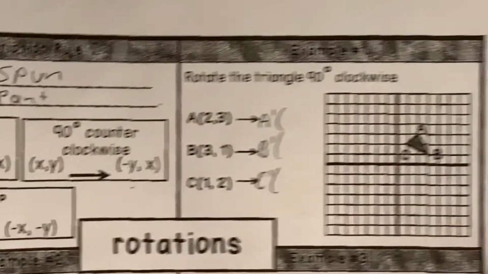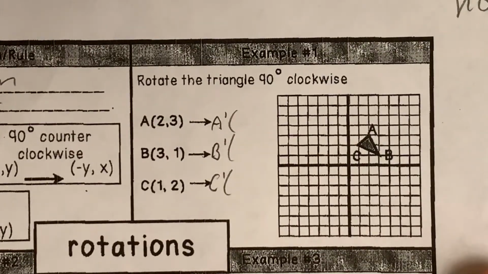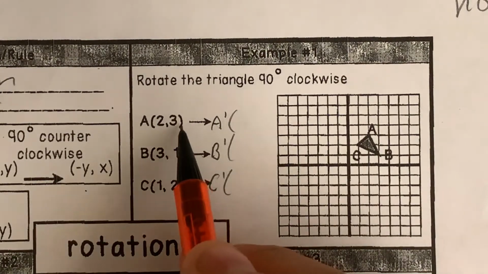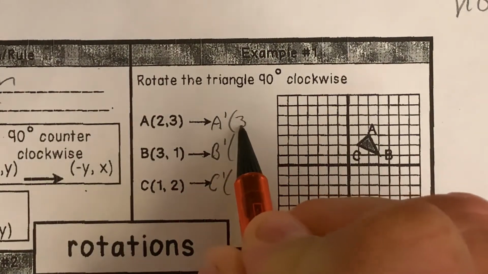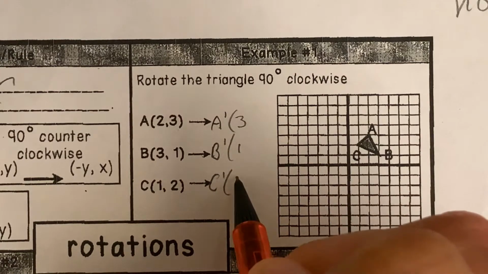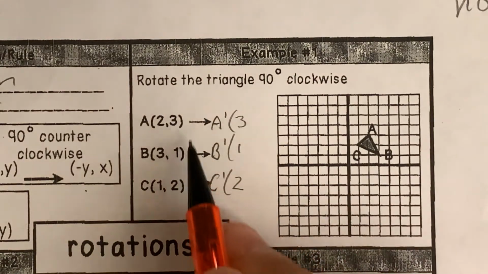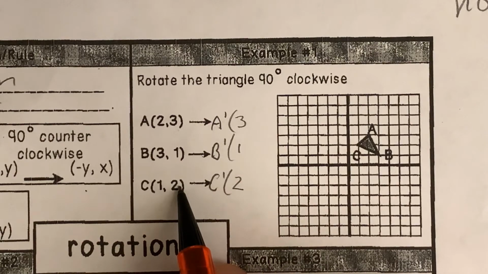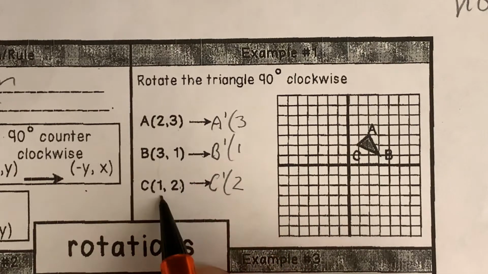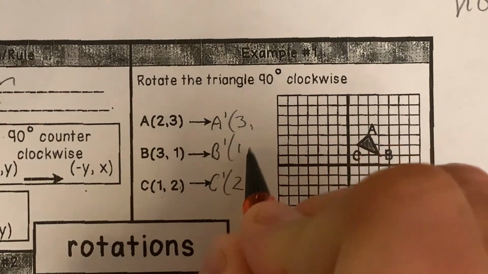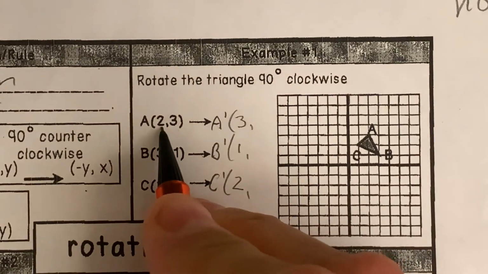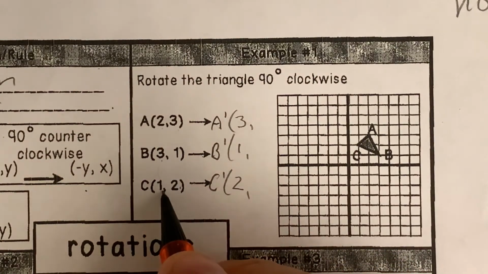So let's go ahead and try to do that here. First, since the y stays the same but it's moved over, we're going to do that first. So I'm going to bring 3 over here, then 1, then 2. That's these right here, the y's. Then the x's, which are these, become negative over here as y. So we're going to get -2, -3, -1.